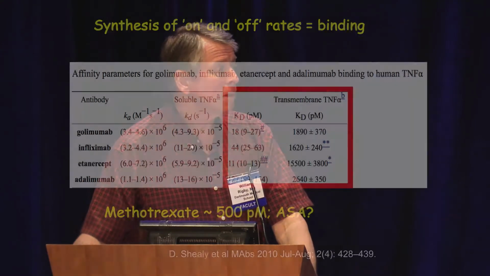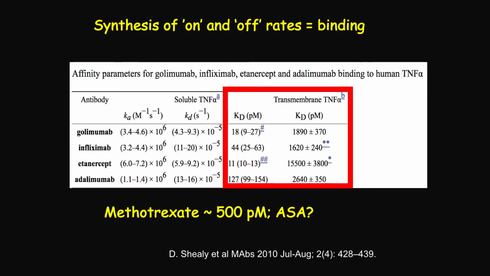I want to remind you that this is important when you think about your antibodies that you use in the clinic. Here's your KD for golimumab, infliximab, etanercept, and adalimumab, and this is for soluble TNF. And the KD, as you can see, is 18, 44, 11. Etanercept comes out as the champion, and adalimumab is 127, a little bit lower. That's for soluble TNF.